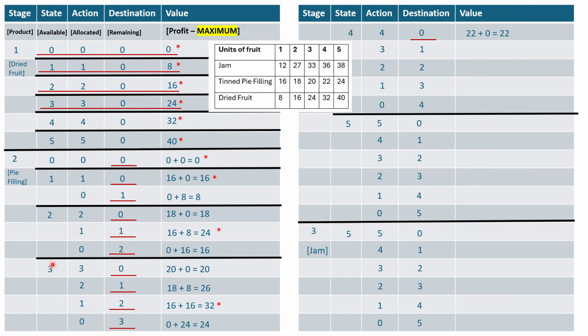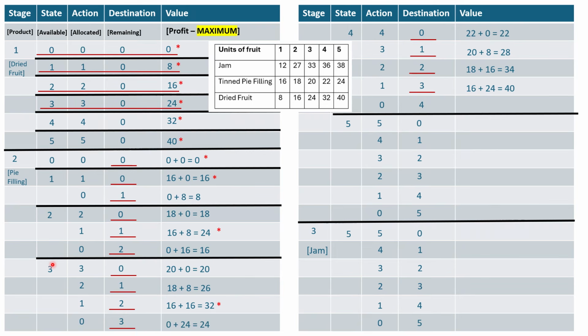If we allocate 1, that's 16, plus the 3 that's left over brings us back to 24. So 16 plus 24 gives us 40. And then lastly, if we allocate none of that, that'll give us no profit there. Plus, if we leave 4 left over, that will give us 32. So our optimal here is 40.